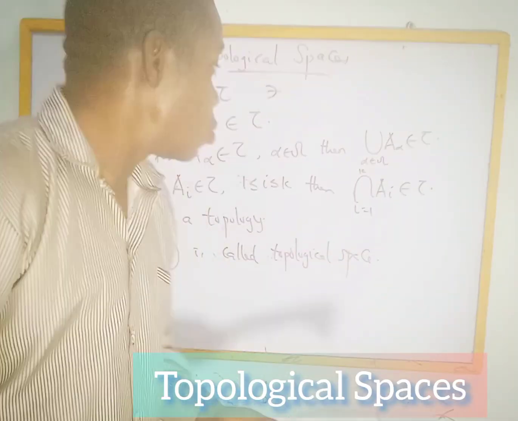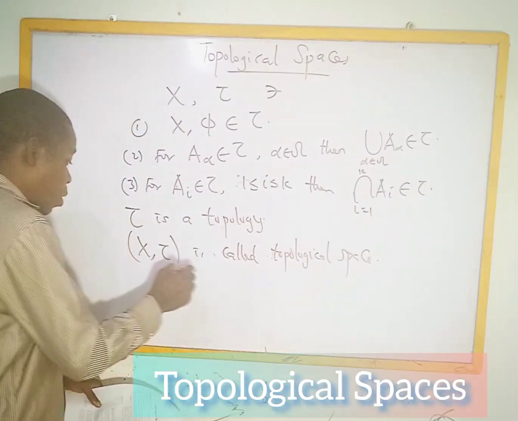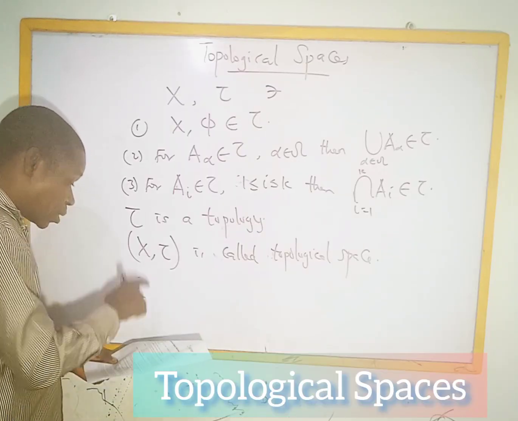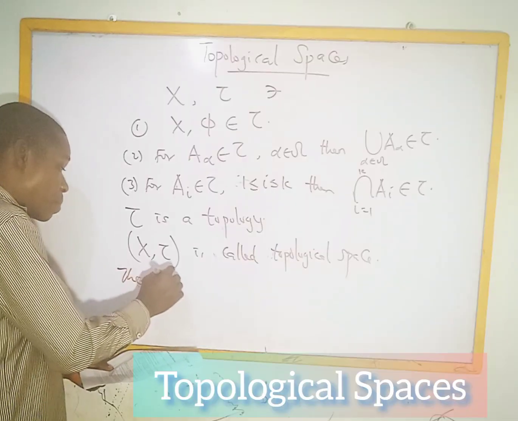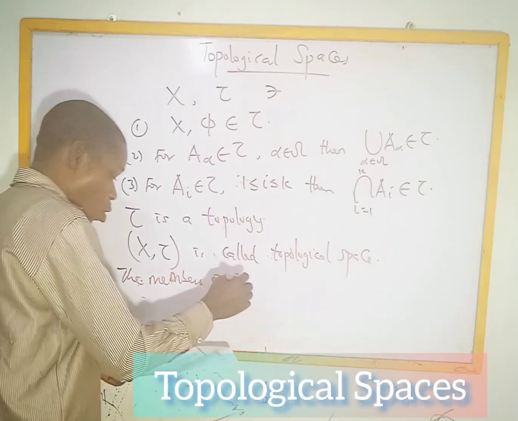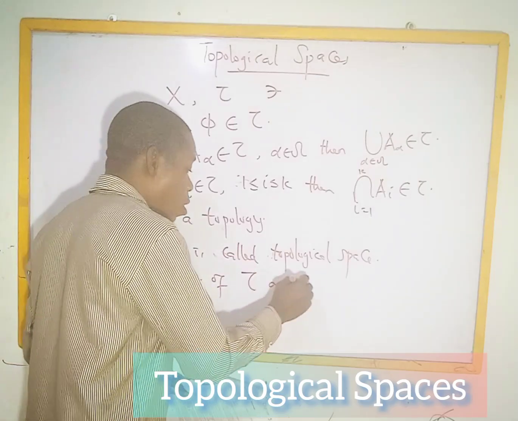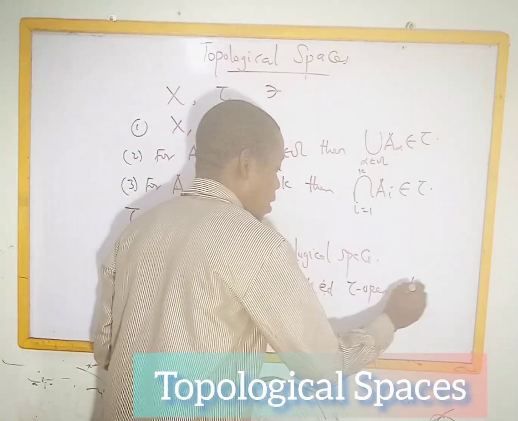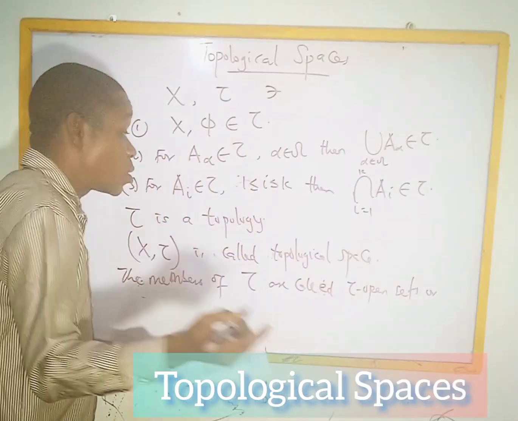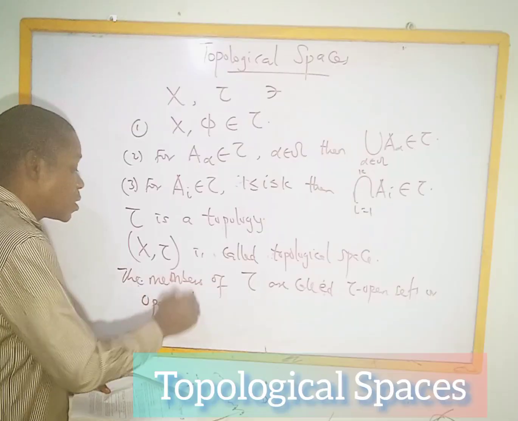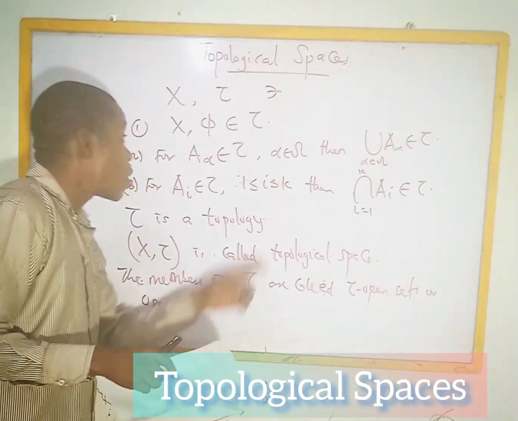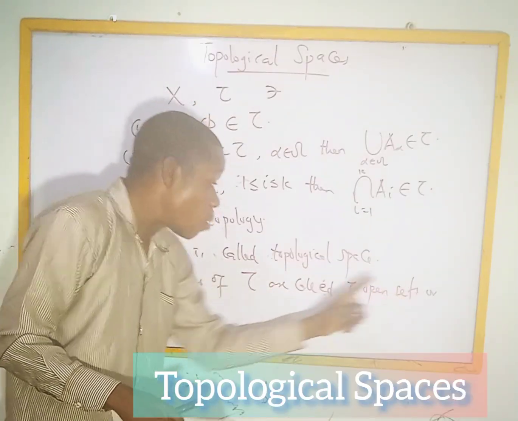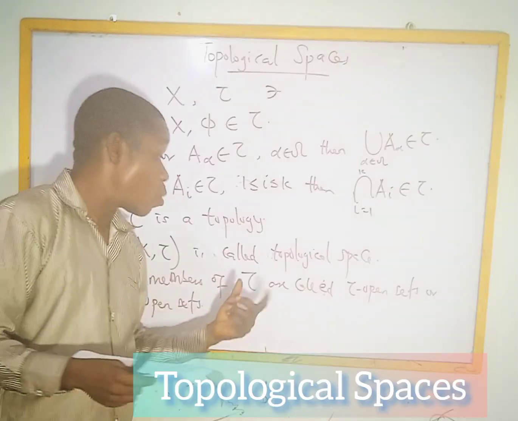Now, there is another thing I want to note. When you have a topology like this, every member of tau is called a tau-open set, or you can simply call it an open set.